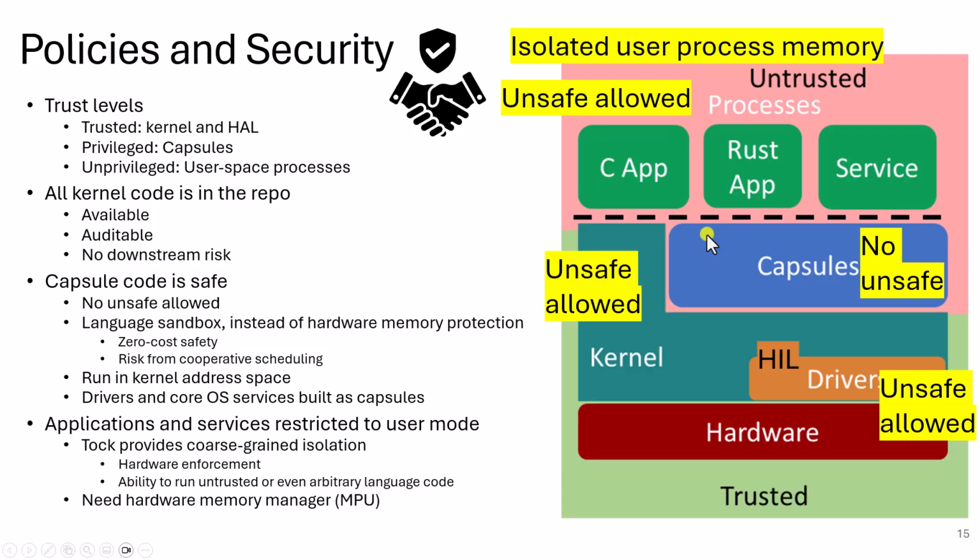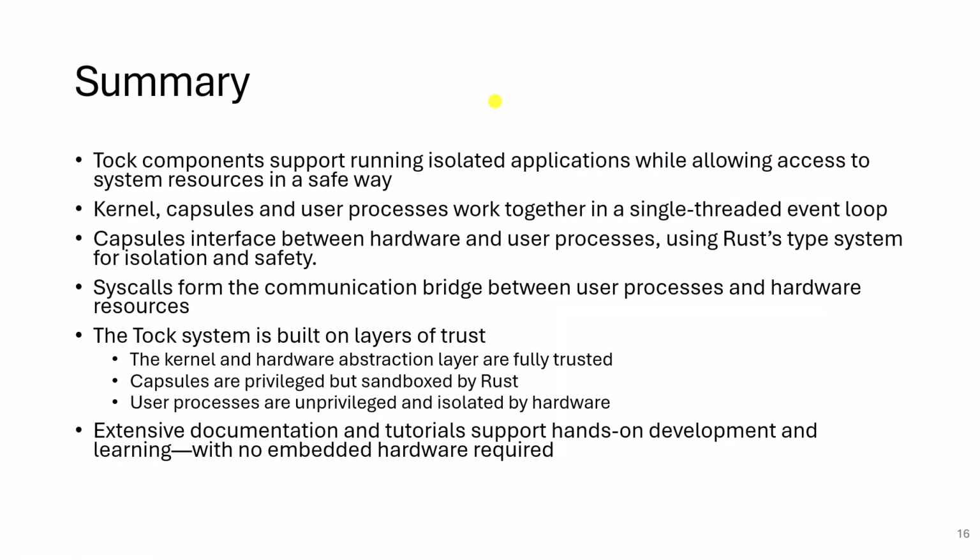The previous slides can be summarized in a few bullets. First, the Tock components are important because they support running isolated applications while allowing access to system resources in a safe way. And those components, the kernel, capsules, and user processes, work together in a single-threaded event loop.